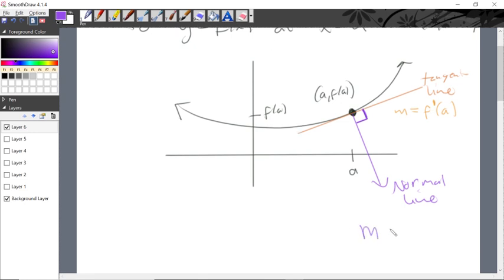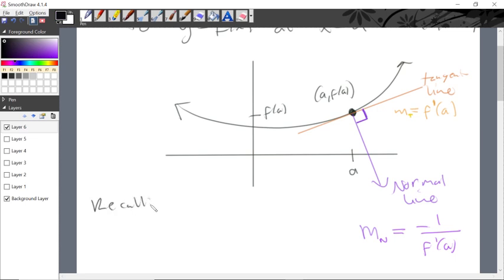That is the slope of the normal line. Okay, I'll call this m_t, the slope of the tangent line. The slope of the normal line, m_n, is going to be negative 1 over f prime of a. Okay?